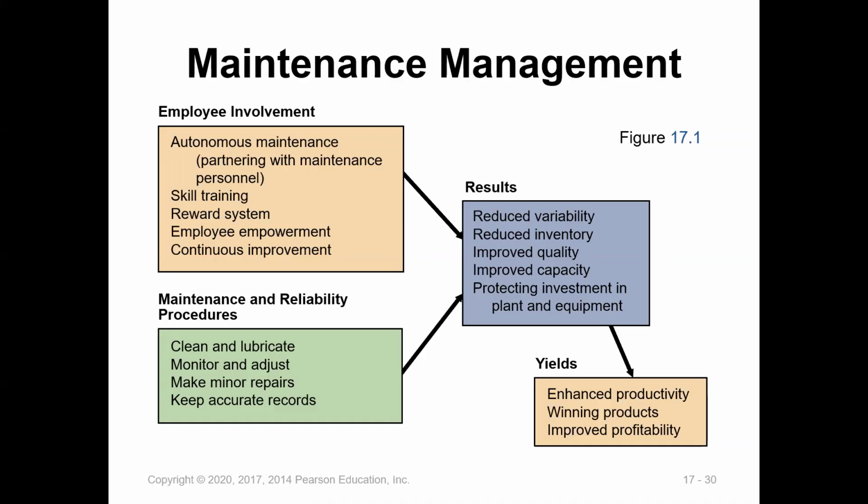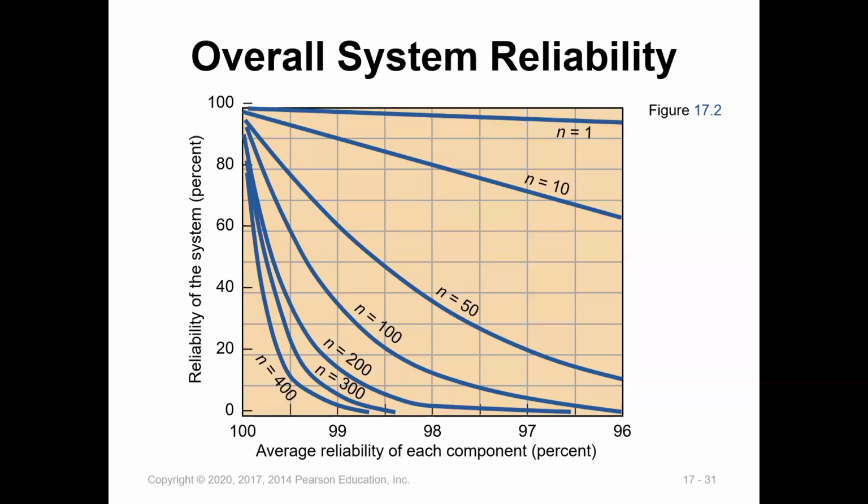You need to involve all the employees in the system maintenance by training them, rewarding them, okay, and the results will be here. You will reduce the variability, improve the quality, and protect your investment. And definitely this will improve the profitability of the system.